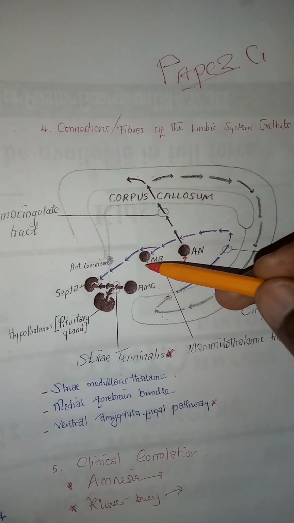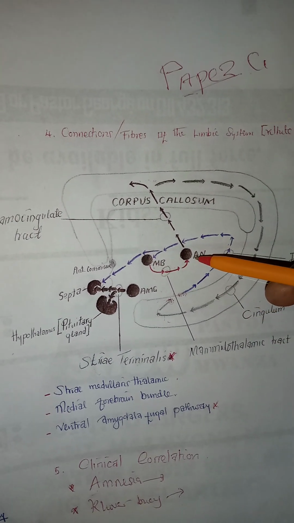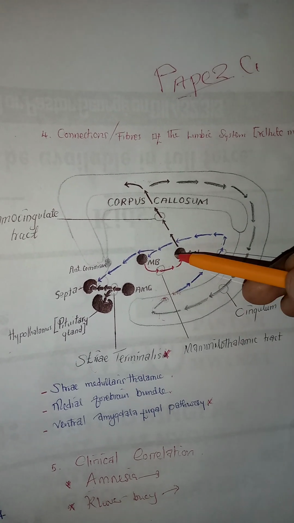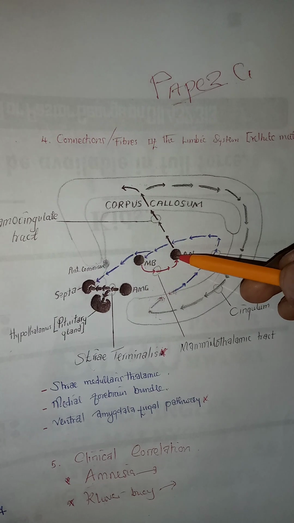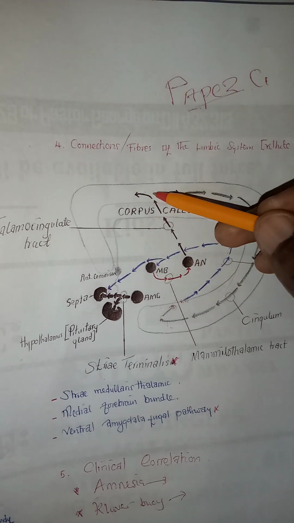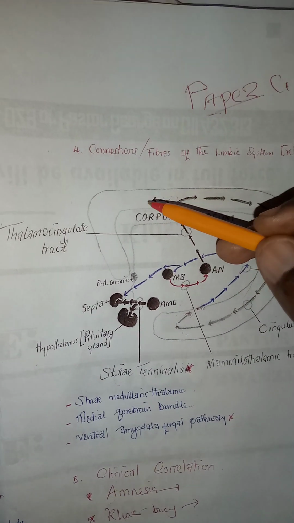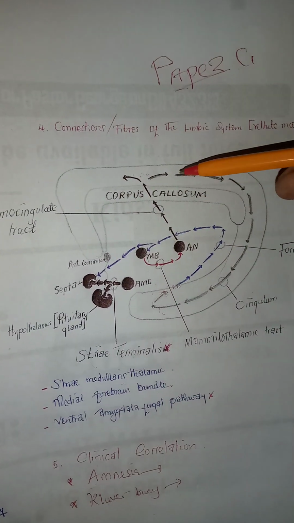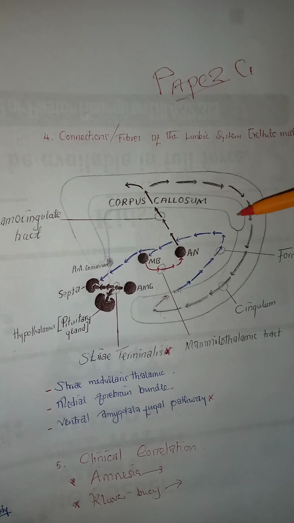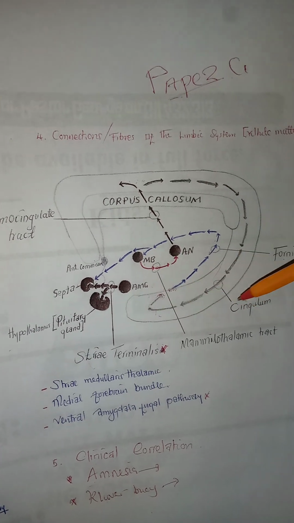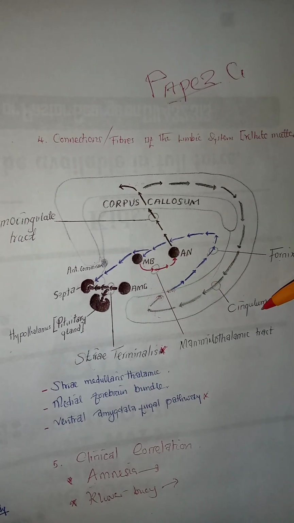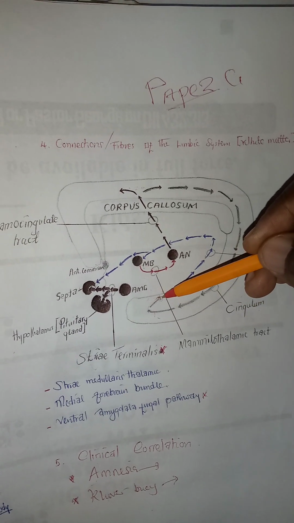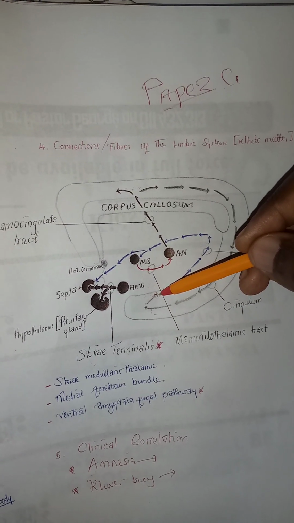Then from the mammillary body to the anterior nucleus of thalamus via the mammillothalamic tract. From the anterior nucleus of thalamus to the cingulate gyrus via the thalamo-cingulate tract, and then from the cingulate gyrus back to the entorhinal cortex via the cingulum, and finally from the entorhinal cortex back to the hippocampus.